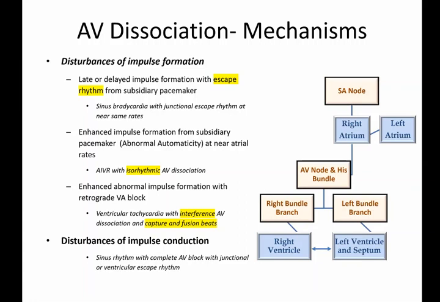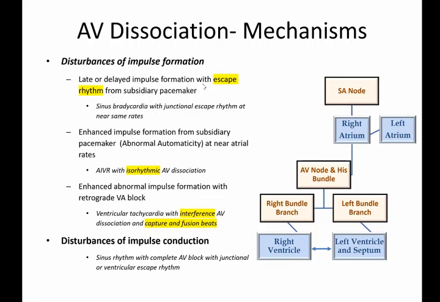But the ventricular rhythm will be maintained by some escape focus either in the ventricles or in the AV junction, which is beyond the site of AV block. Now, other common examples or mechanisms of AV dissociation could be disturbances of impulse formation.